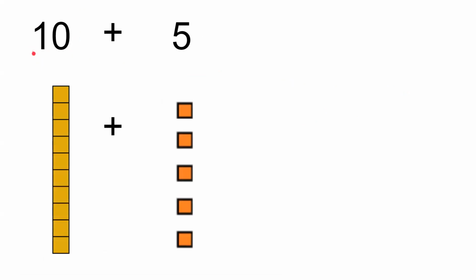Now I have to find what number this is, right? So let us try and find that. The number is 10 plus 5 and I have to find the number. So how much is this? This is 10 or 1 ten, right? So how can I show this? I can show it with 1 ten block. And how many ones are these? These are 5 ones.